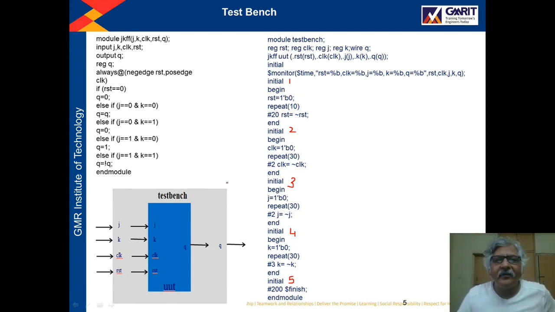So in the first initial block, what I am doing: I am assigning the value 0 to the RST input. Then I am writing this statement, #20 RST = ~RST.